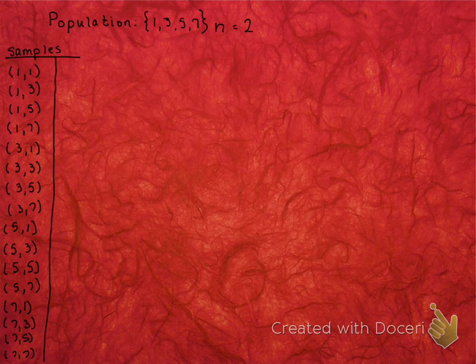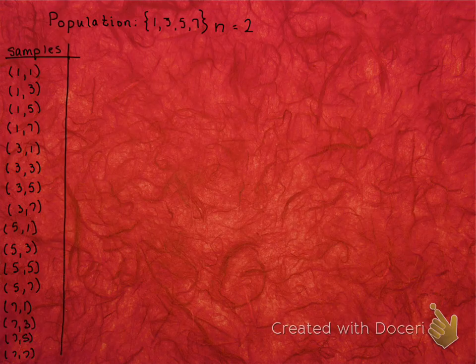Now the next column that we will have, let me erase that and move it over a little bit. Here we go, so we can separate everything nicely. The next section, in order to keep track of all of this seemingly randomness, is going to be the sample mean.